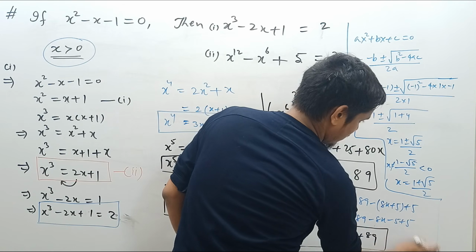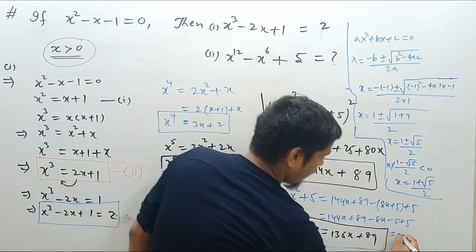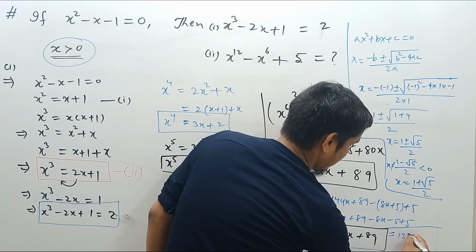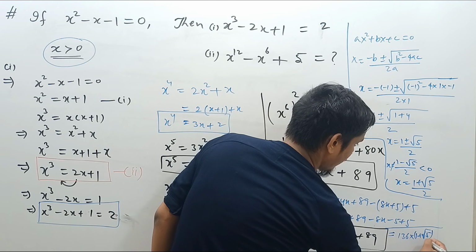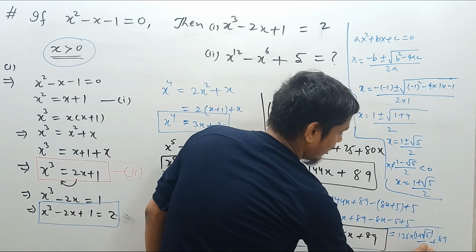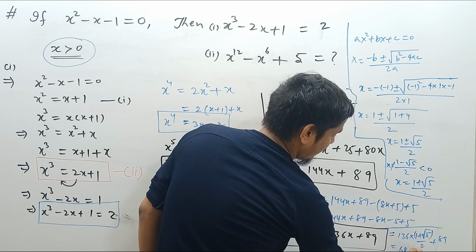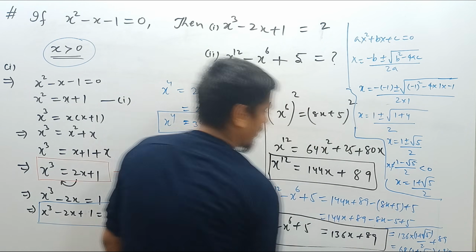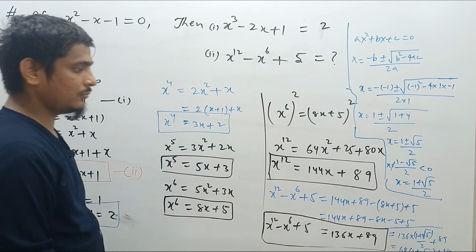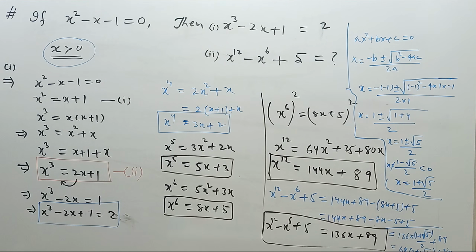So over here we can just plug the value of x. 136 times of 1 plus root 5 by 2 plus 89. So this is going to cancel this. So 68 times of 1 plus root 5 plus 89.